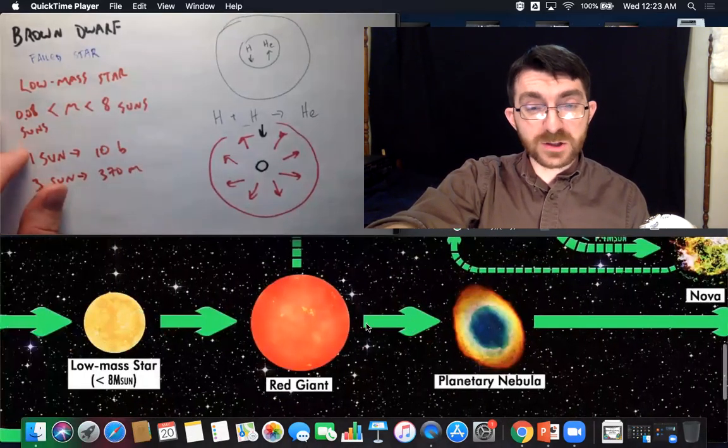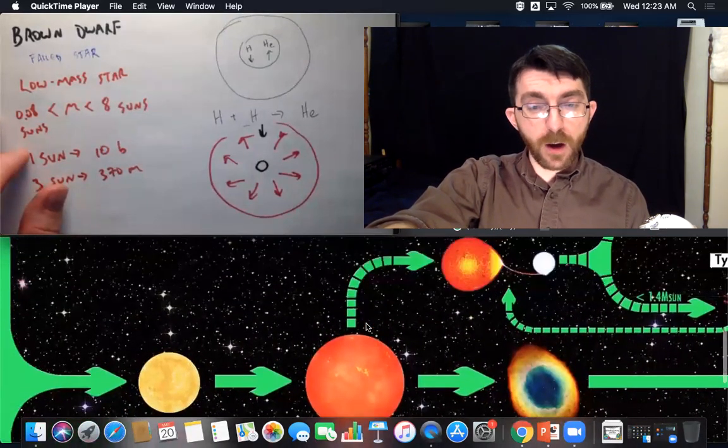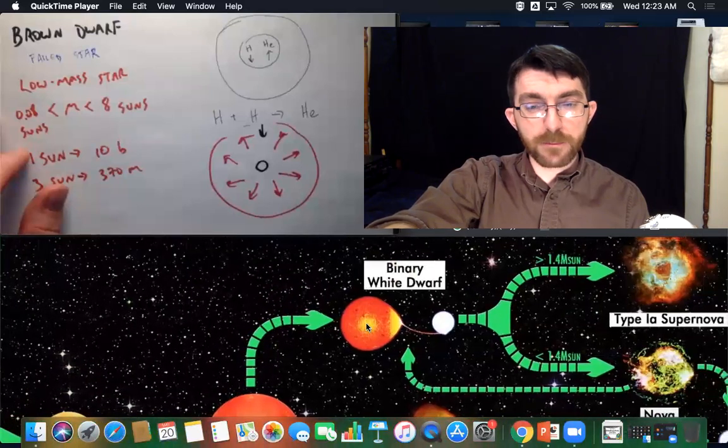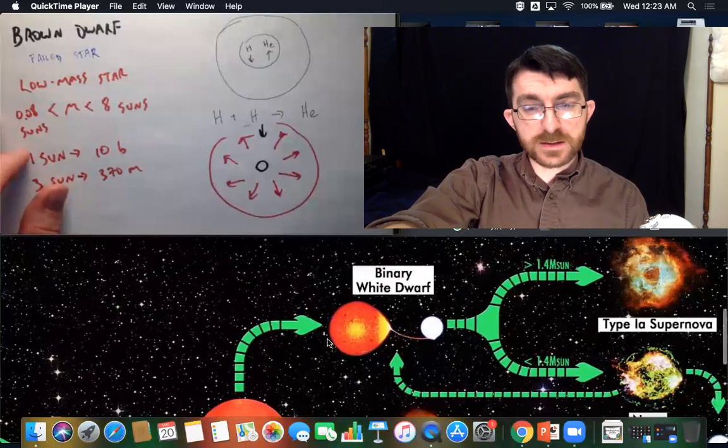Let's take this more interesting path, though. A red giant may end up binary with a white dwarf. Now, as you can see, there's this trail leading off here.